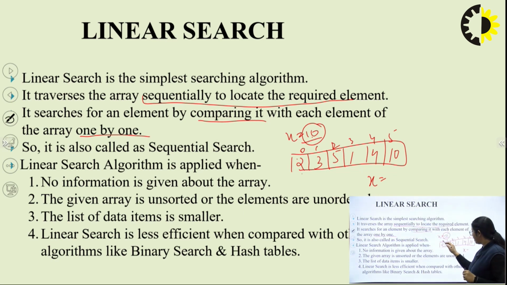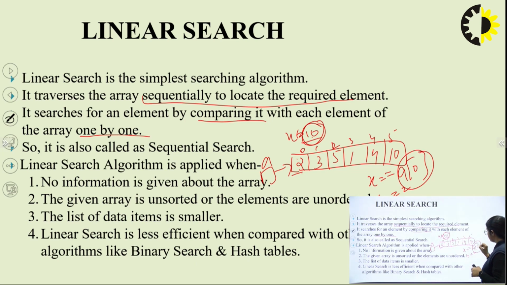So we have to compare x equals a of 0. Suppose this is the array a. If you want to find the element x, we have to compare this element with each element in this array. Now we compare 10 with the element at a of 0. Is this equal?